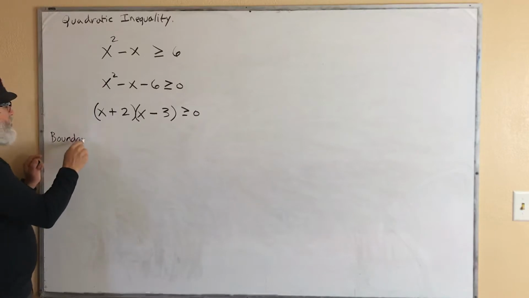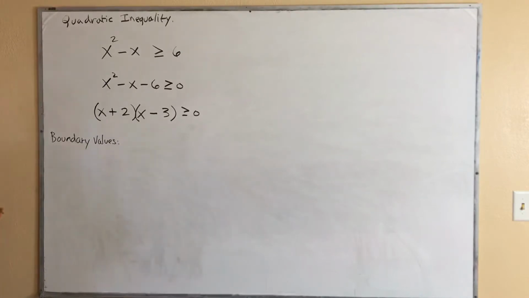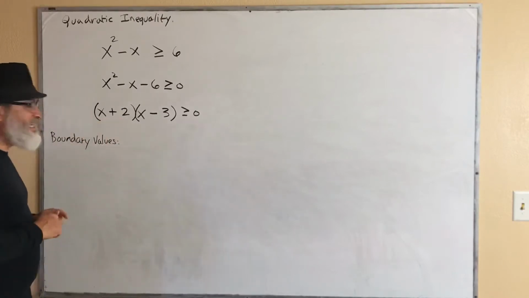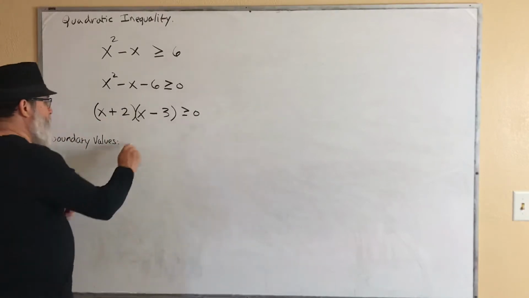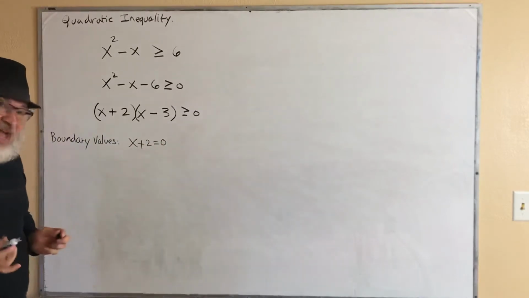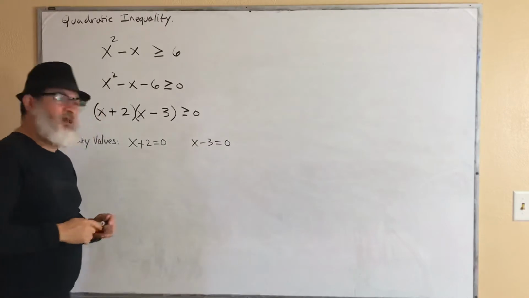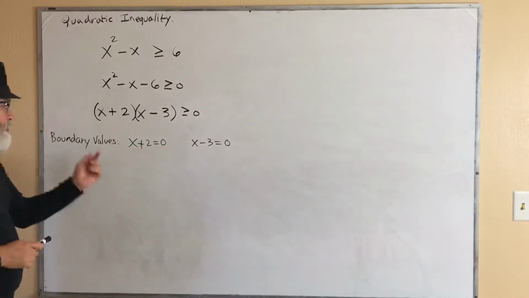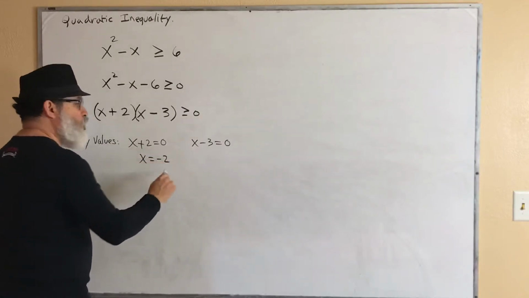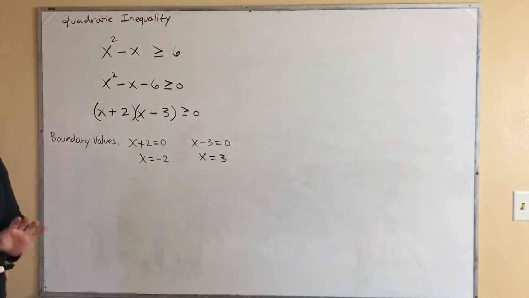To find the boundary values, take the first factor and set it equal to 0: x plus 2 equals 0. And take the second factor, x minus 3 equals 0. Solve each equation. If x plus 2 equals 0, x equals negative 2, or x equals 3. Those are the boundary values.